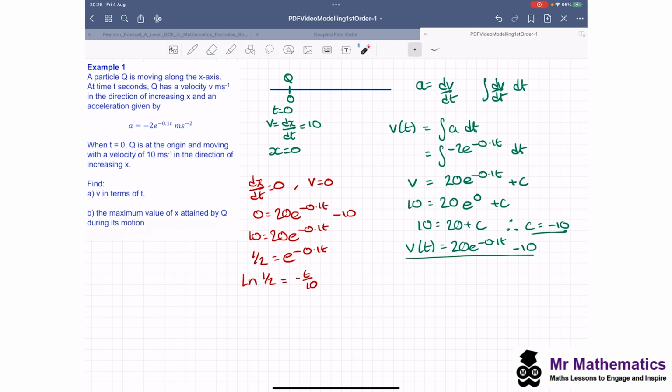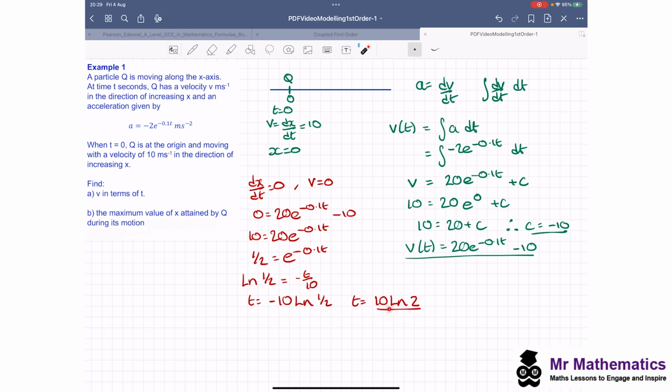So now I can see I multiply both sides by negative 10. So t will equal negative 10 times the natural log of 1/2. And actually I can simplify this as well, because using the power rule, I can move this negative over to here, and this will give me the reciprocal of 1/2. So t will equal 10 times the natural log of 2.